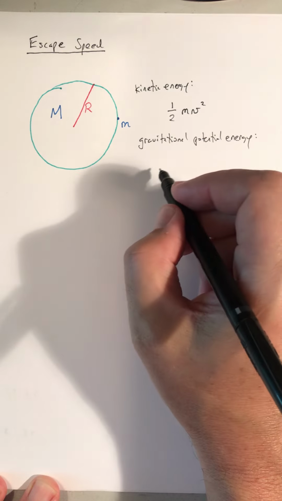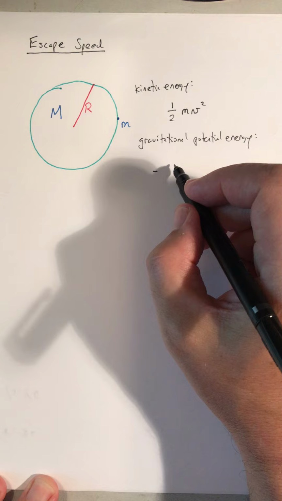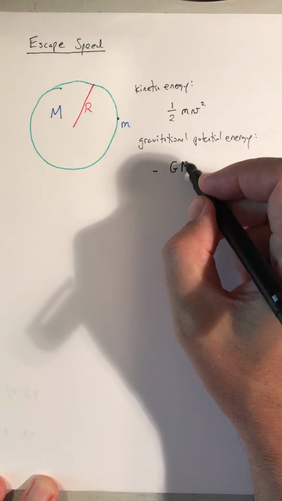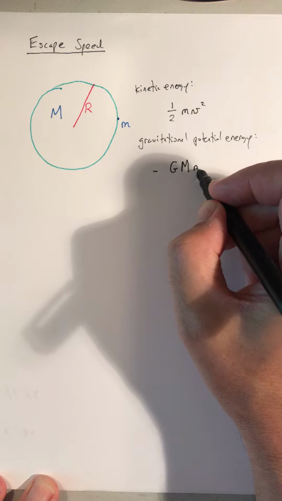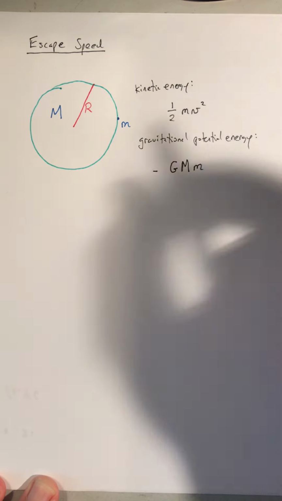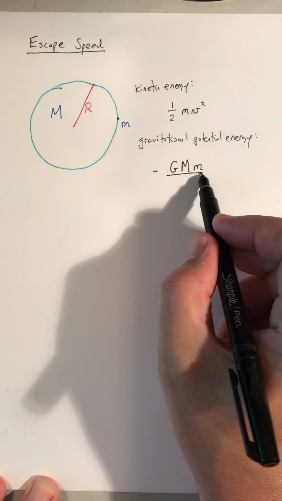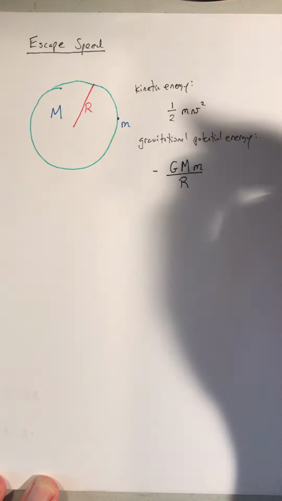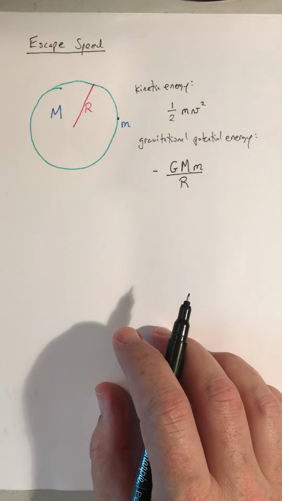And that is minus universal constant of gravitation, big G, mass of the planet, this test mass m, and the distance that separates them initially, which is the radius of the planet.